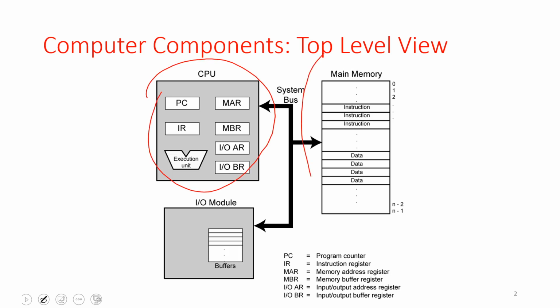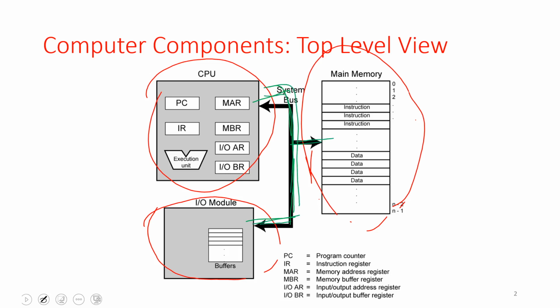The main memory is going to store things while they are being processed by the CPU. The input-output module is going to be responsible for bringing data in and taking data out of the particular computer system. And in addition to this, we will also have what is called the system bus that is going to connect all of these components together.